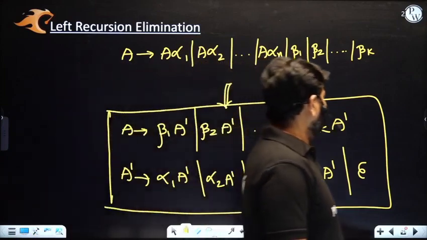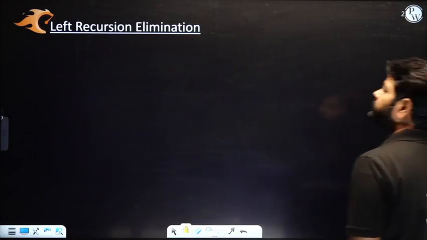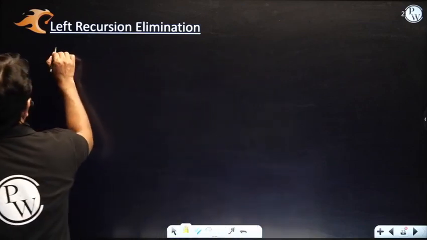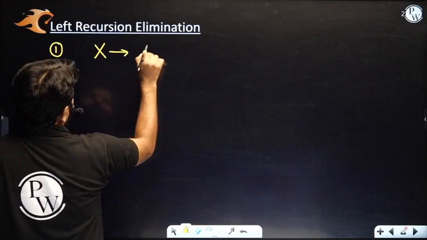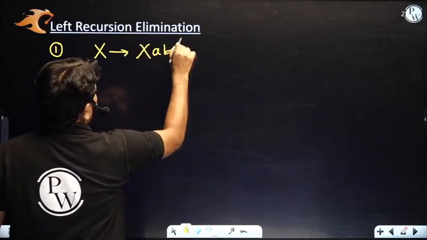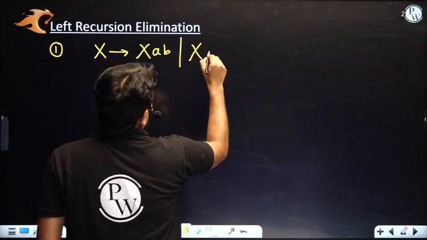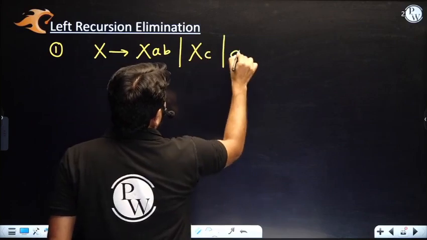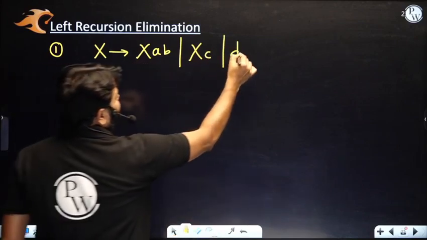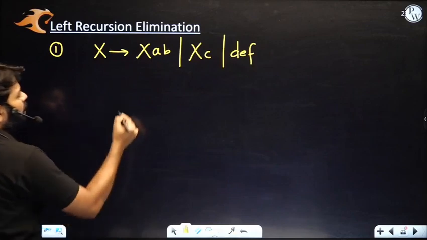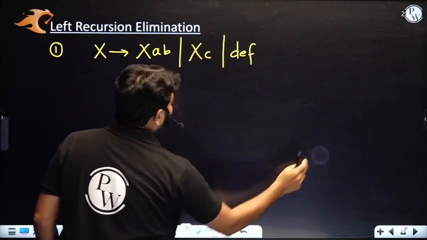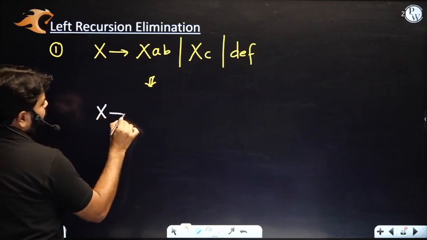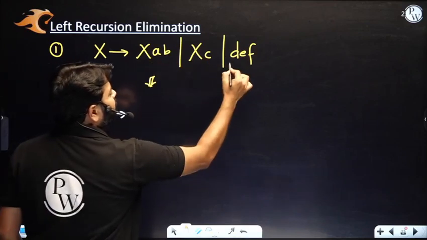Let's see some examples to do it. One example I have already taken, but I will take again. Let's write X derives Xab or Xc, that's it, or def, let's say. Now how do you eliminate? X derives, who is the non-left-recursive term? def.